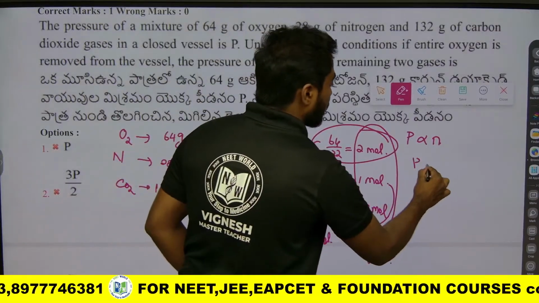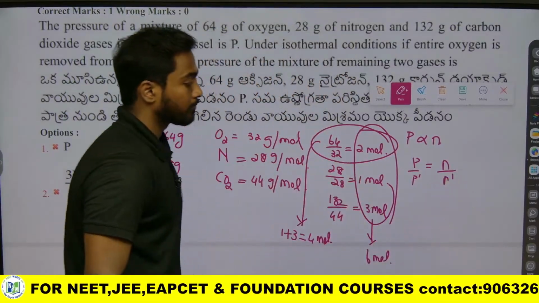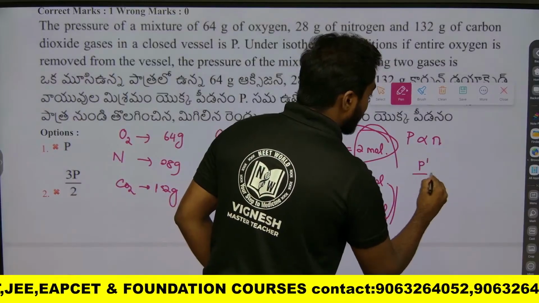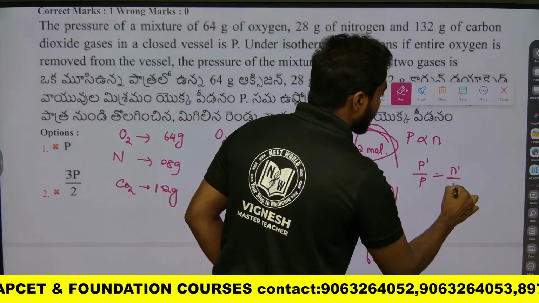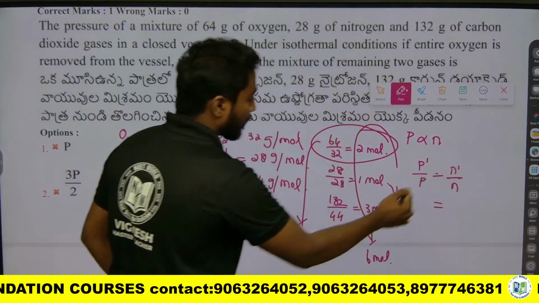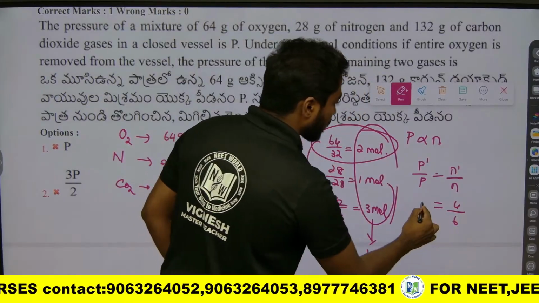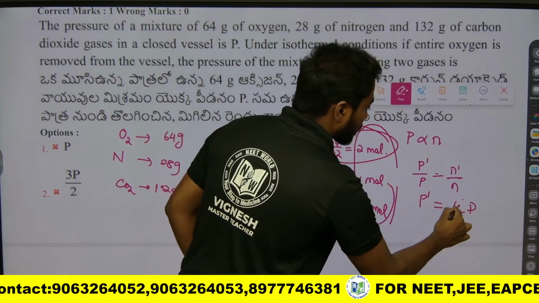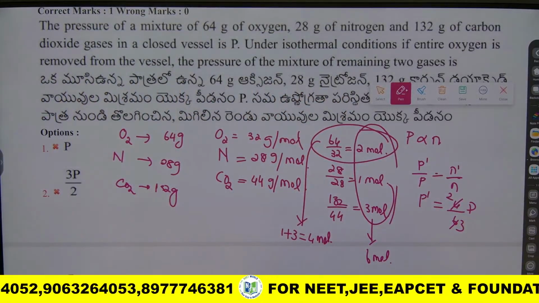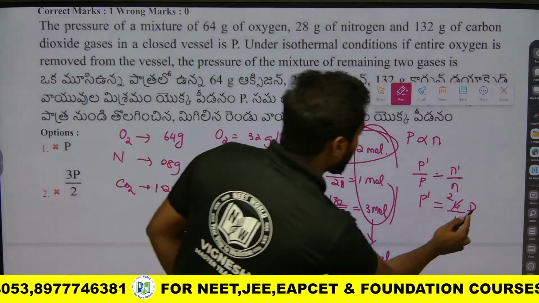So P dash by P is equal to N dash by N. What is the final mole? It is 4. Initially it is 6. P dash equals 4 by 6 into P, so 2 by 3 P is the answer. This is the remaining pressure, guys.